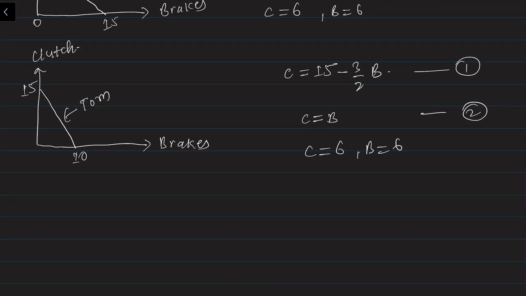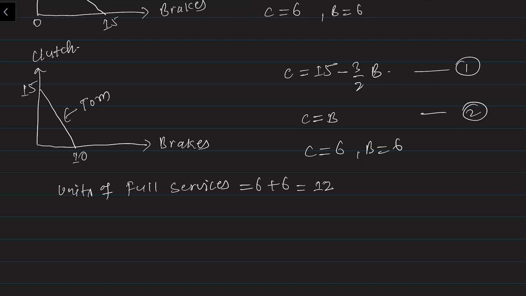So if they do not specialize, the total units of full services equals 6 plus 6, right? If they do the replacement individually, they can do 12 units of full services.